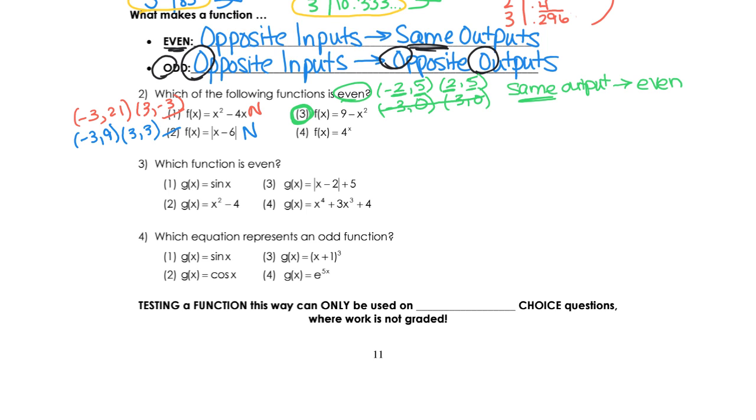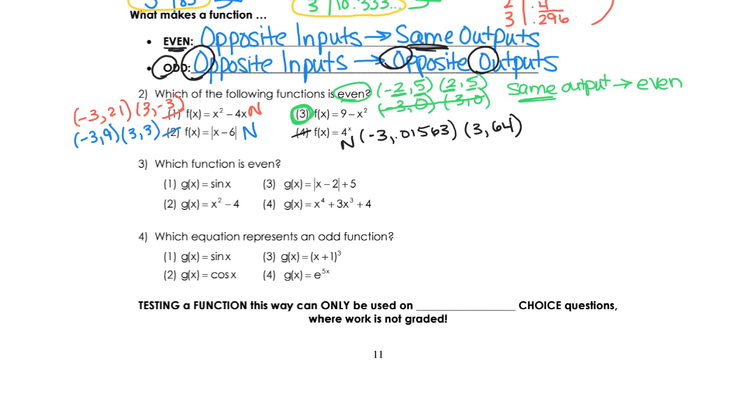So in number 4, -3 is paired with 0.01563, and there might be more decimals after that, but that should be good to look at. And +3 is paired with 64. So you can see that there's no correlation between the outputs in that one. And so I'm going to cross this one off because this is a neither, and I'm going to go with my answer of 3. Okay.